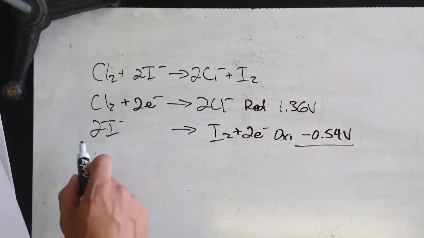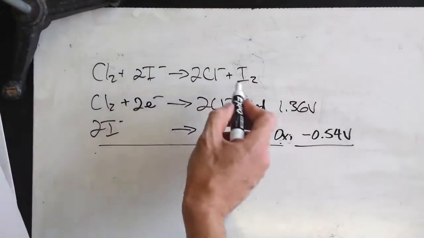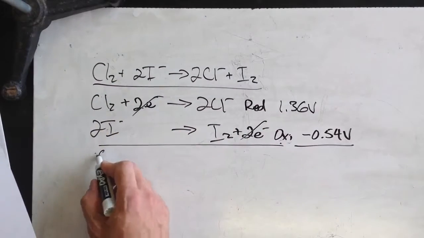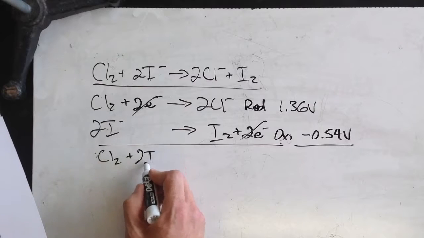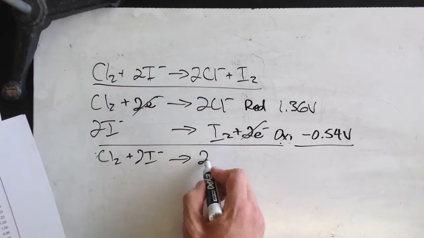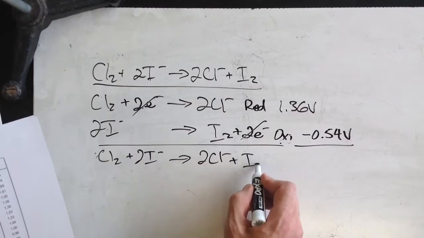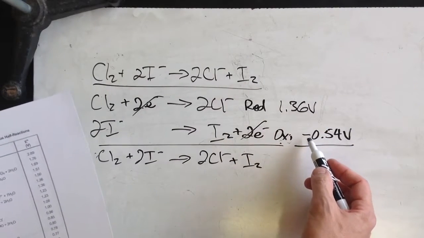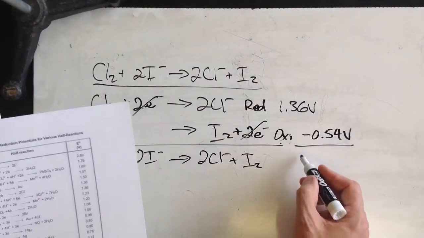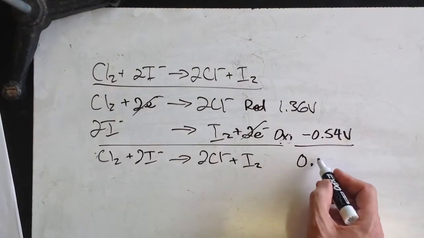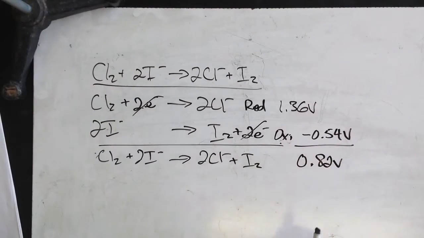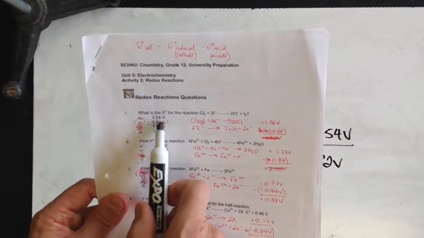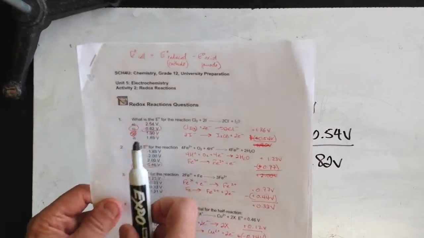When we add these two reactions together, we get our original reaction. And the electrons cancel, so we get Cl2 plus 2I negative gives us 2Cl negative plus I2. And if we add the potentials, 1.36 plus negative 0.54, that's going to give us 0.82 volts. And if we look up on the sheet, that means our answer is B, 0.82 volts.